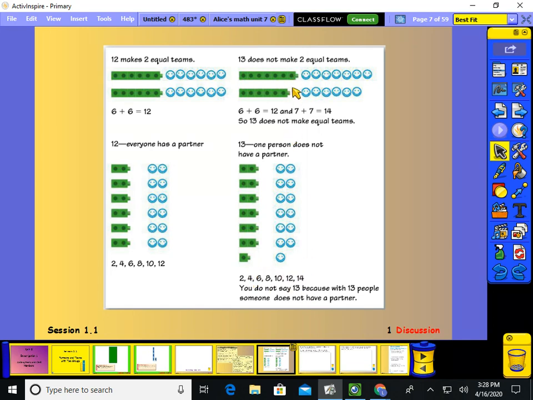If we're referring to teams, they might say one person is going to have an extra player, or one person is going to have to sit out for a minute so that the teams will be equal. They will realize that doubles will not get us to an odd answer, with problems like 6 plus 6 and 7 plus 7. A doubles plus 1, however, will.